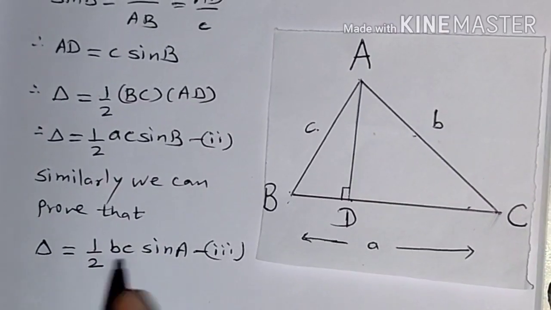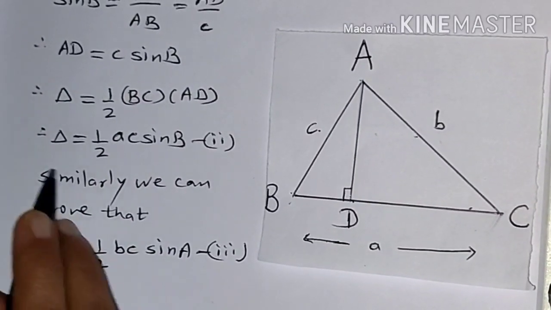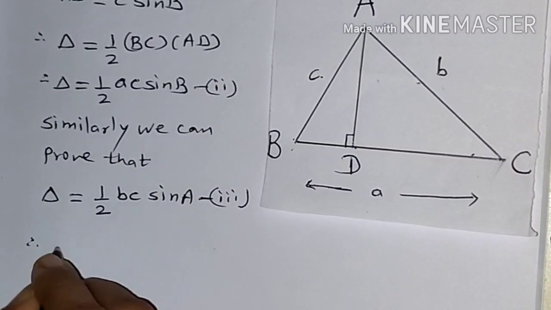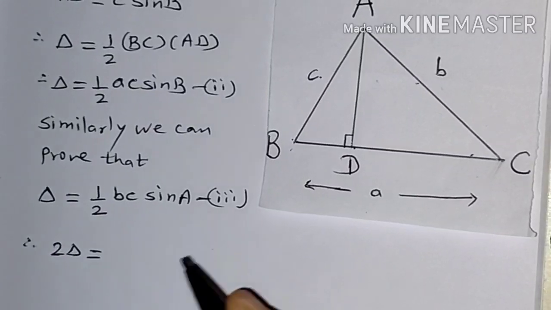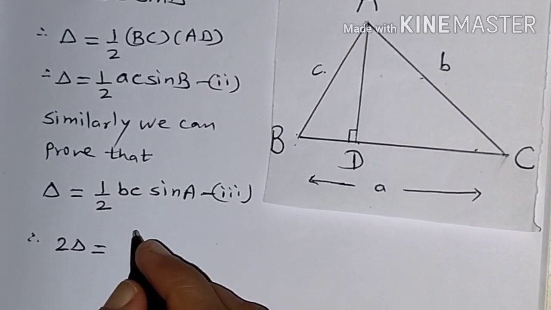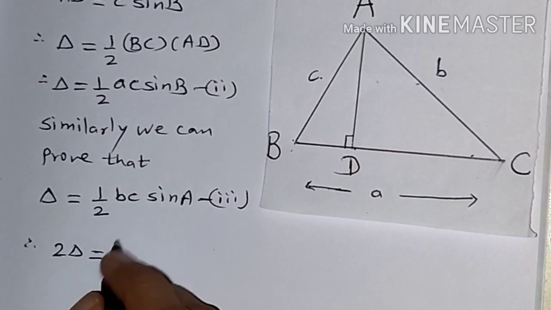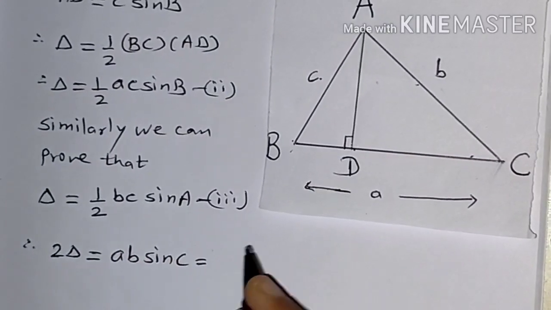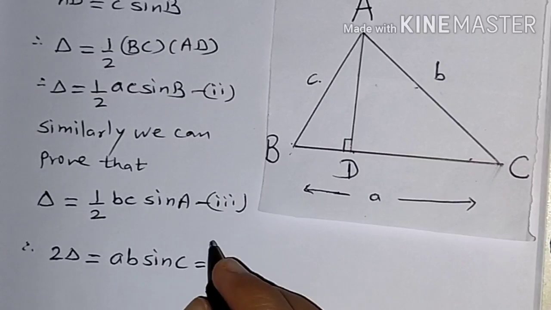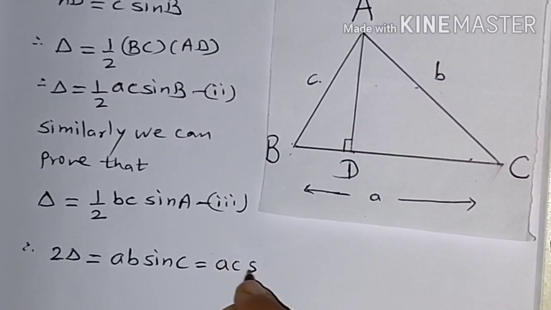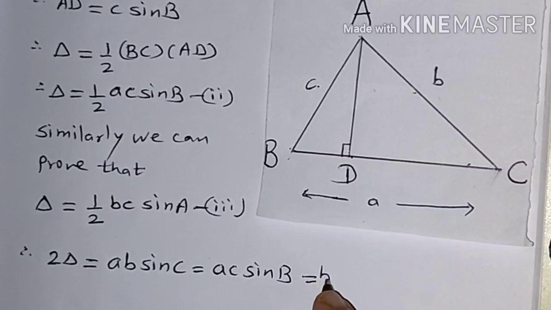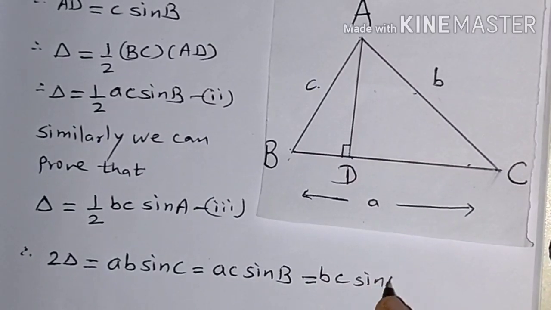Therefore, from 1, 2 and 3 we can say that 2 delta is equal to ab sine C is equal to ac sine B is equal to bc sine A.